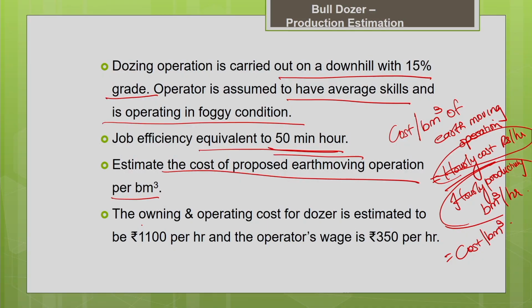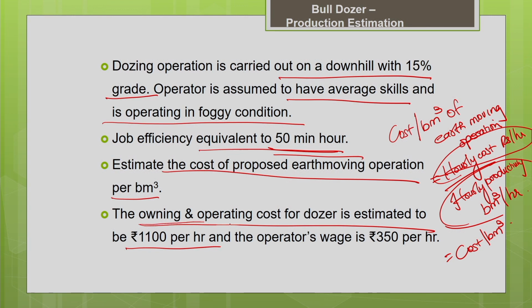Already in the previous lectures we have seen how to estimate the cost associated with various machines, like the ownership cost and the operating cost of the equipment. Using that methodology you can find the owning and operating cost of the dozer. In this problem it is given to you directly as rupees 1100 per hour, and the operator wage is given as rupees 350 per hour.